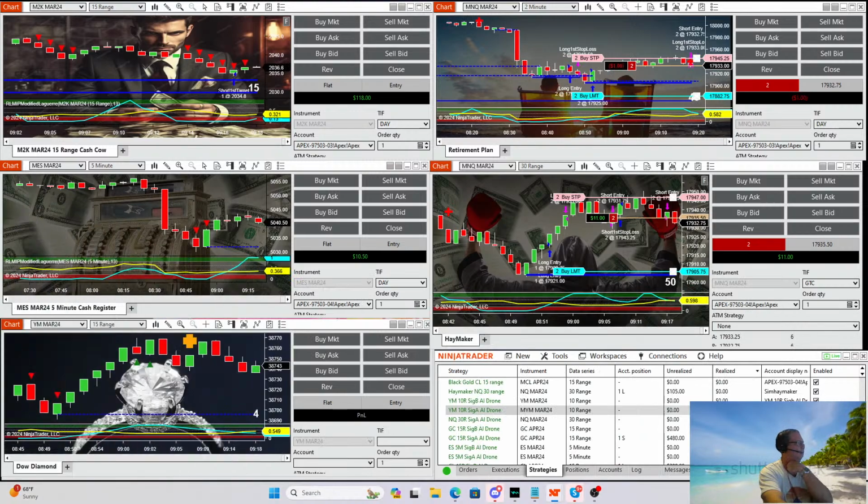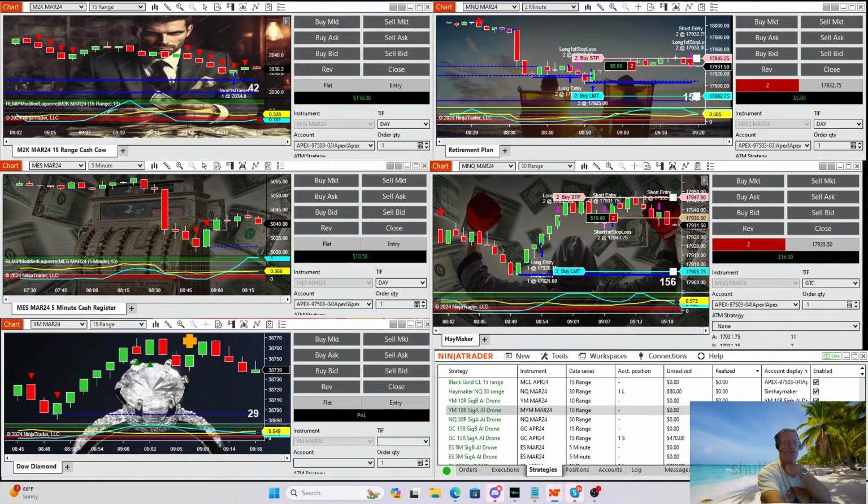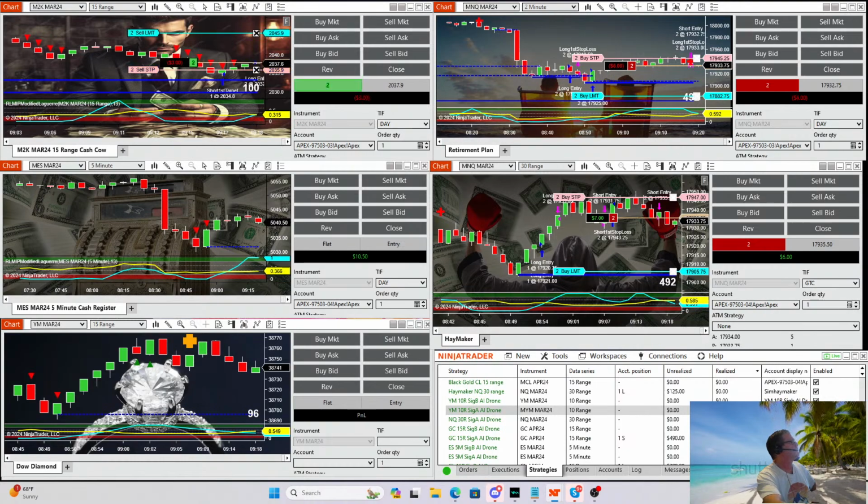So that would be a strategy to keep an eye on, that signal B drone. This morning, wouldn't you know it, it's the signal A drone, which has been about a break-even strategy over the last few days.